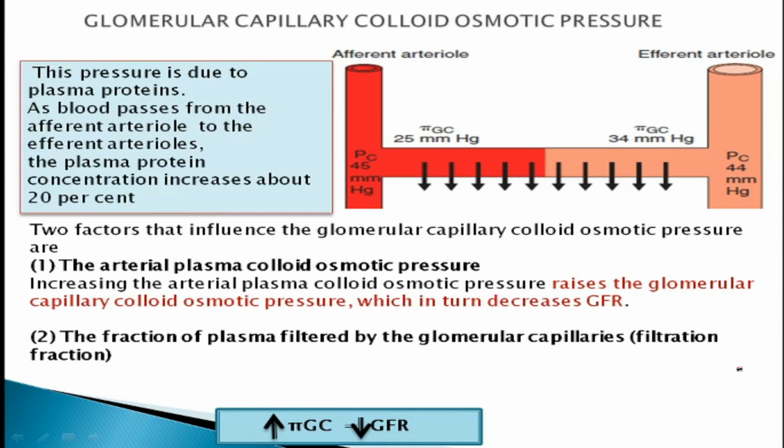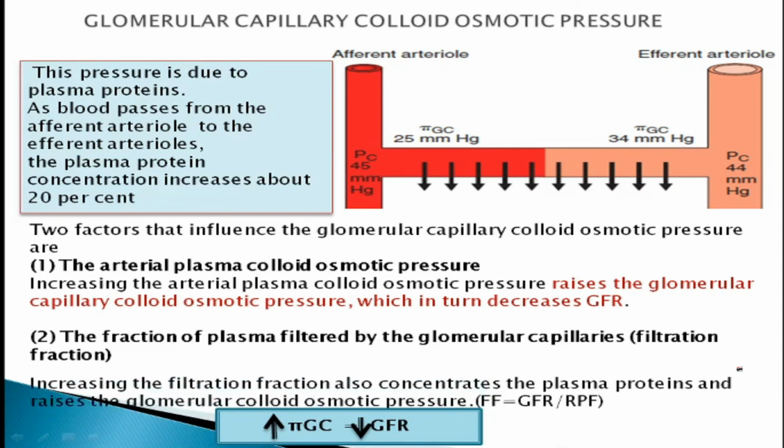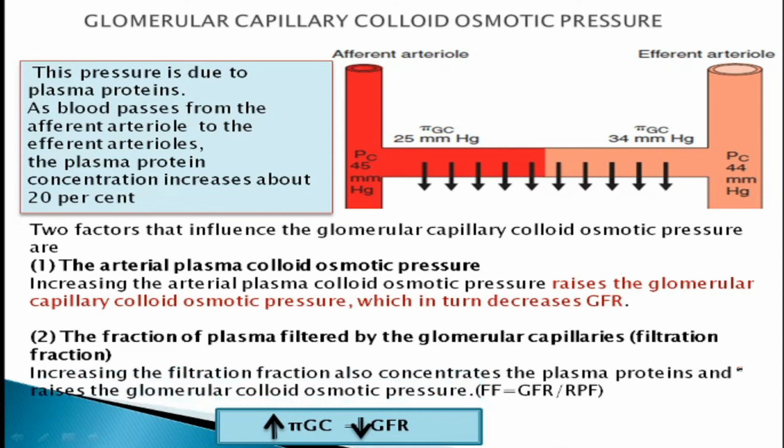Whenever the filtration fraction increases, that is, the amount of plasma which is filtered increases, the fluid which is filtered more and more will lead to more concentration of proteins in the capillaries, leading to rise in the glomerular capillary colloid pressure. So whenever the filtration fraction increases, there will be increase in the glomerular capillary colloid pressure, leading to decrease in the GFR. So this is the next determinant.